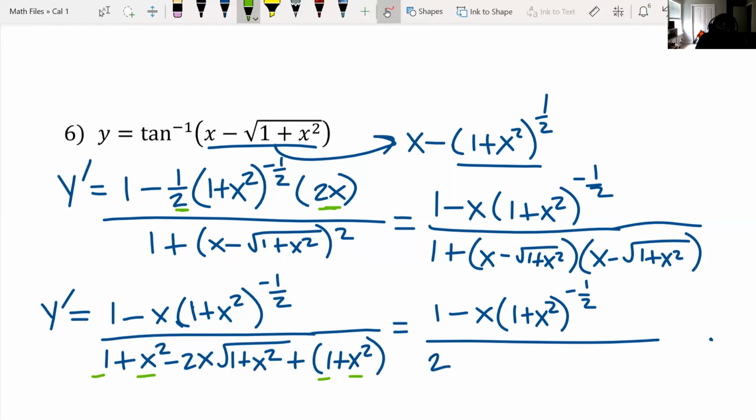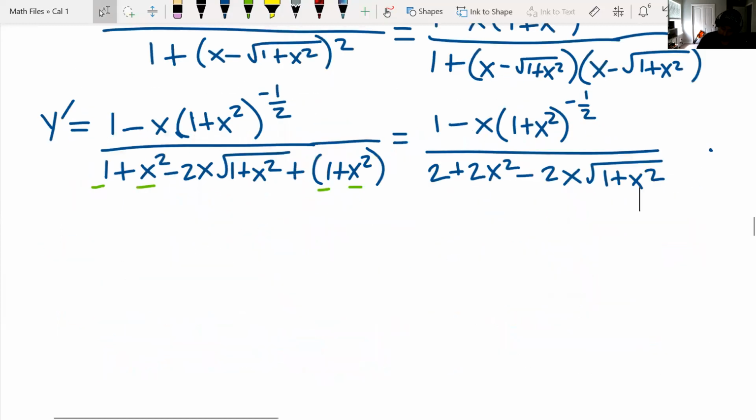This one, that makes 2. Plus 2x, not 2x, plus, yes, 2x, plus 2x squared minus 2x times the square root of 1 plus x squared. Okay.